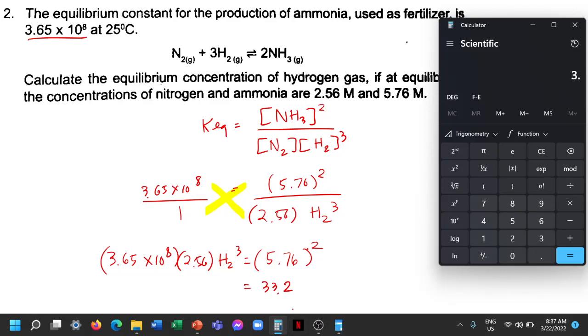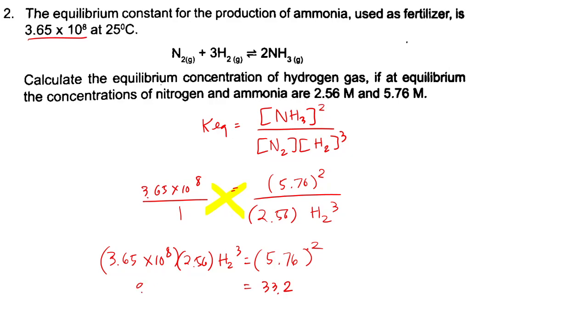Let's use the scientific notation. 3.65 times 10 to the power of 8 times 2.56 is equal to 9.34 times 10 to the power of 8, times H2 cubed. To find H2 here, we'll divide both sides by this number, 9.34 times 10 to the power of 8.